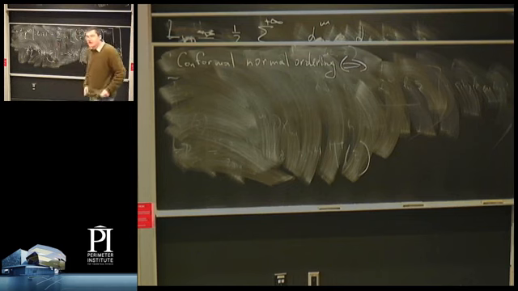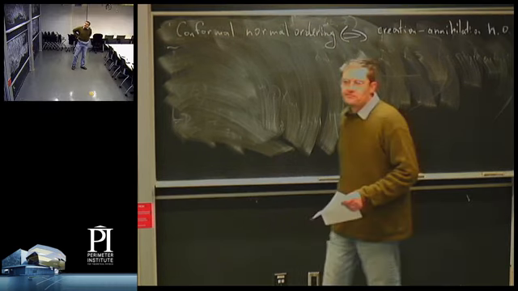So the bottom line is that for a simple CFT, like the free scalar CFT, the two types of normal orderings are the same.